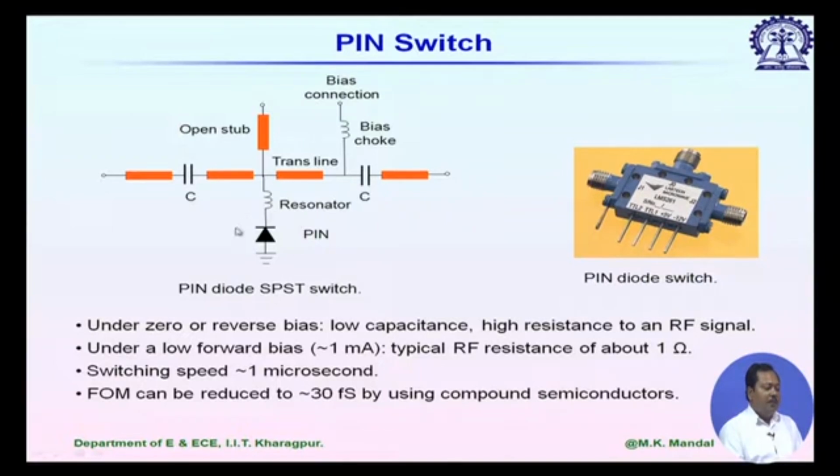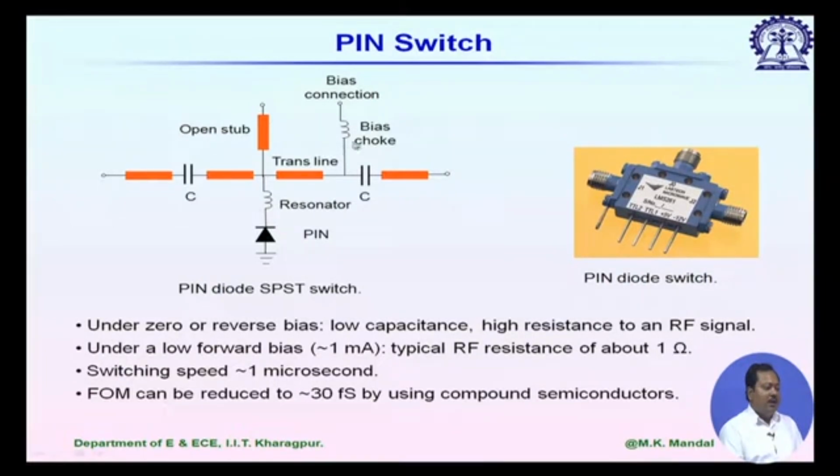Now, we have to provide this bias current to keep the diode in forward bias and reverse bias condition. That we can do by using a DC or RF source connected by this bias connection. This bias connection will provide the forward bias and reverse bias condition of the pin diode.